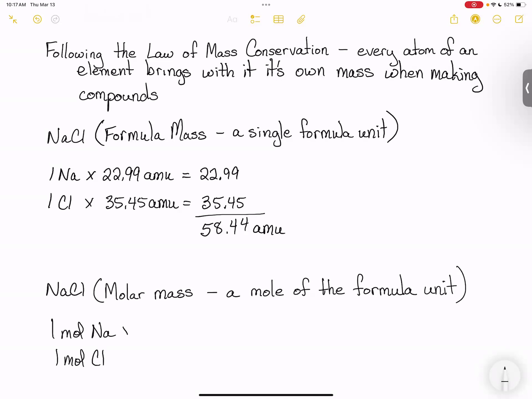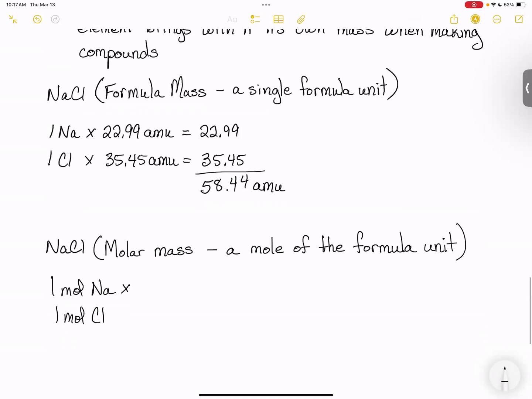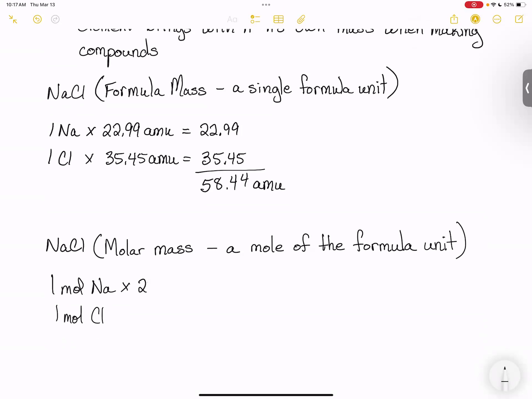Just like we were talking before, when we're dealing with 1 mole of sodium, it's going to have the same numerical value, but a different unit. For chlorine, it's going to have the same numerical value, but a different unit.